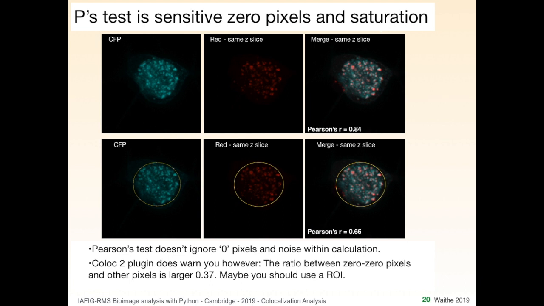Now we get a Pearson's value of 0.66, which is lower, but more indicative of what's actually happening within the cell. So doing your experiment on the whole image could work, because as long as there are approximately the same number of black pixels in each image, you're still going to see strong relationships between your different conditions.